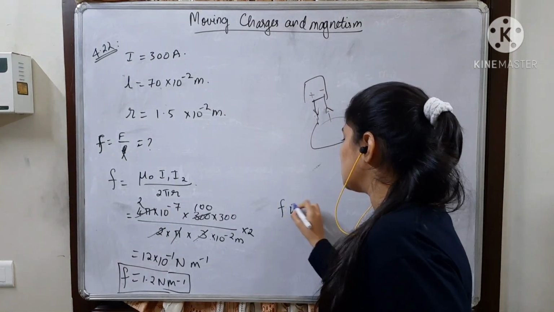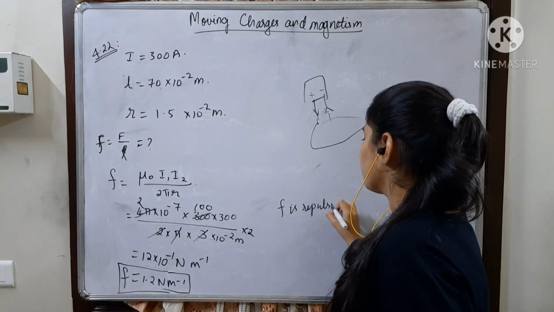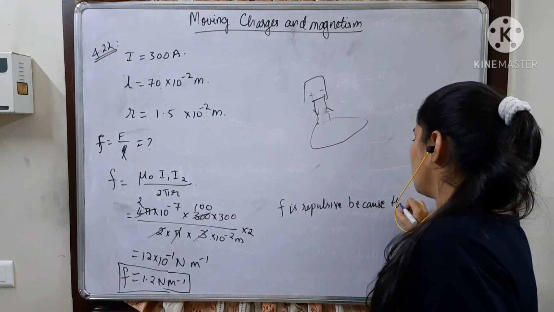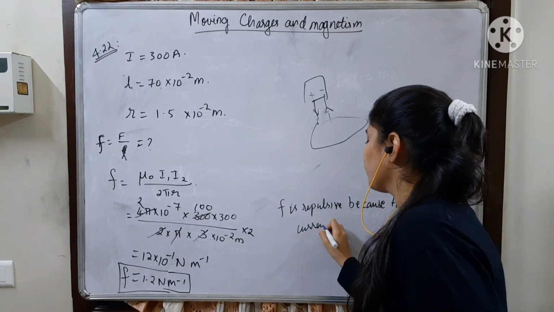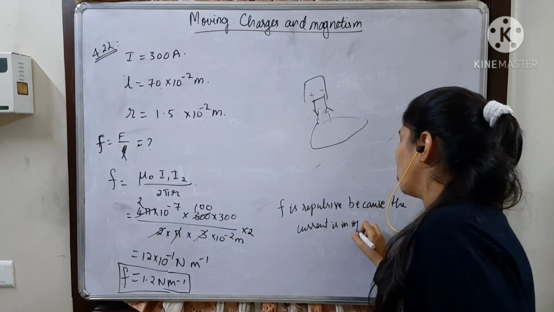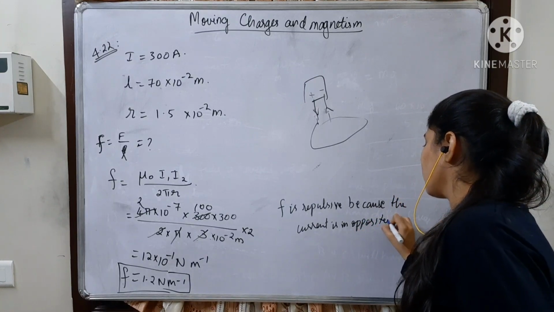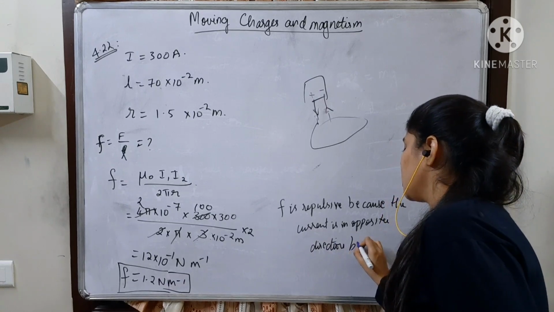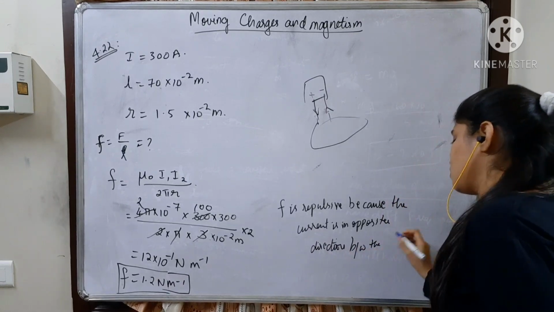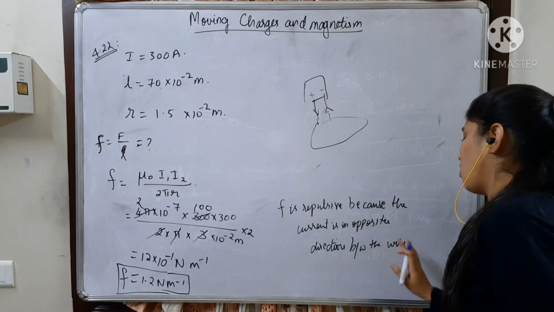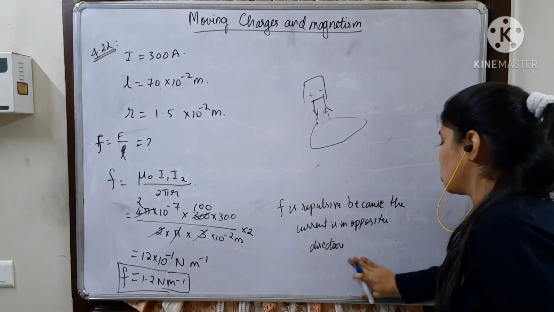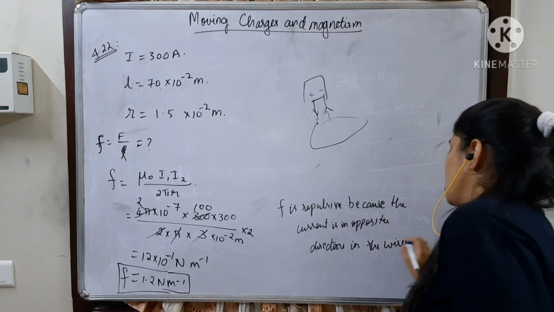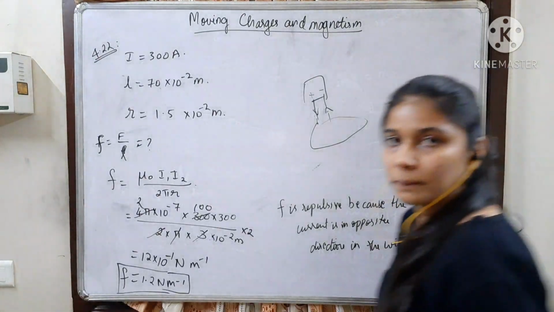So F is repulsive because the current is in opposite direction in the wires. So that will be your answer.